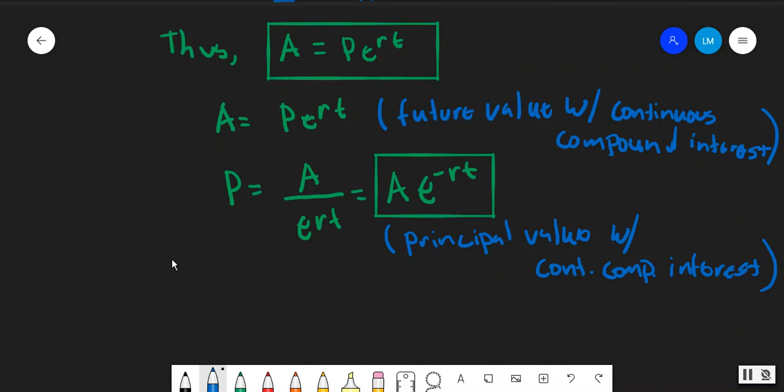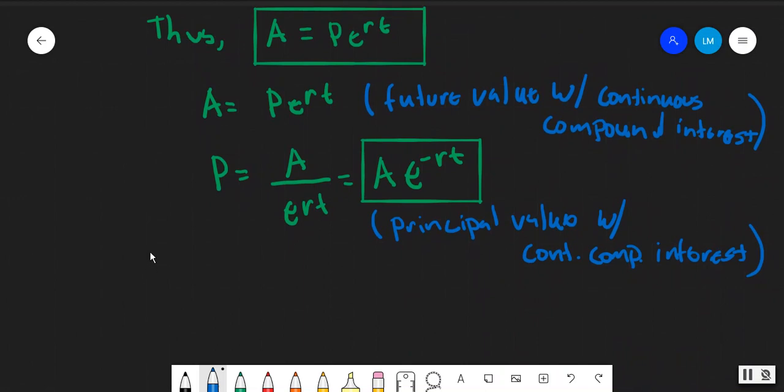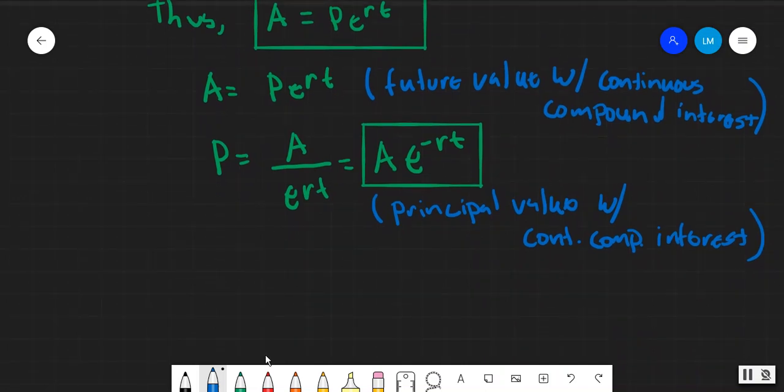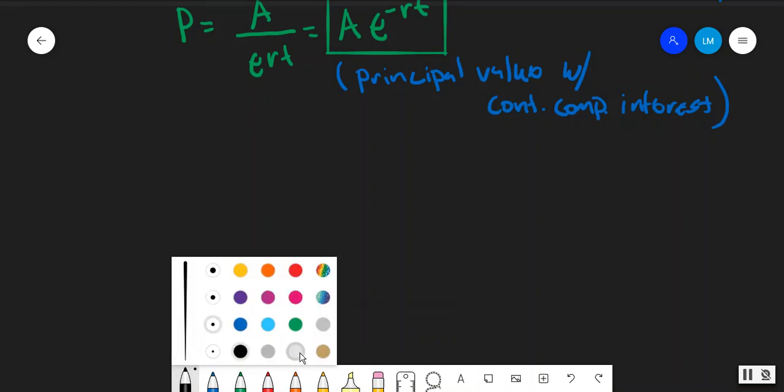Now, that gives you an idea of what a specific amount might be in a continuous compound interest situation, which in most circumstances is thought of as a hypothetical, not necessarily a reality, if that makes sense.